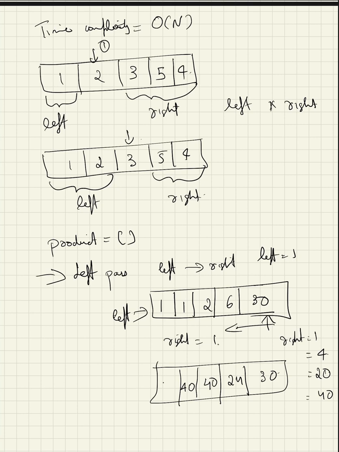I made a mistake somewhere over here. Right becomes 1, 4, 20, and then it's actually 60.